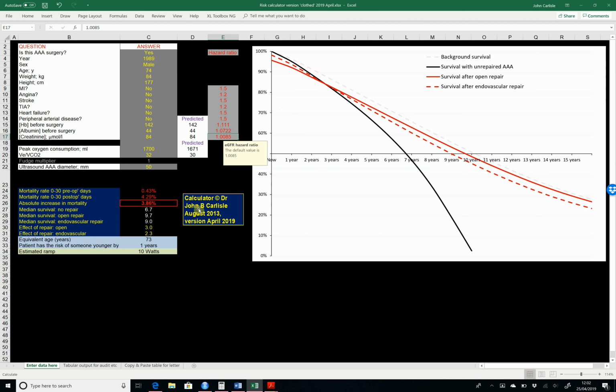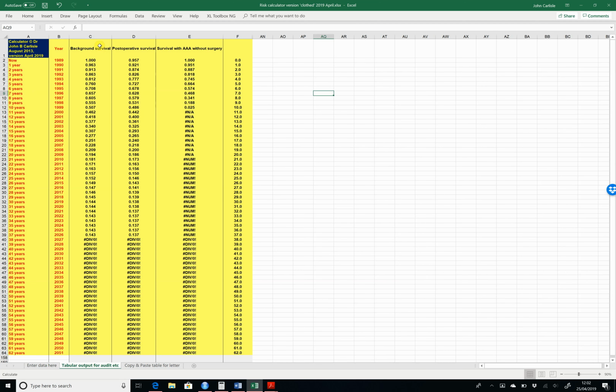So this is the front sheet. You've got a survival curve that changes as you go along. Two other tabs are available. This one gives you basically those curves in numerical form, and you can copy and paste these if you are auditing data and want to generate and record the survival curves.